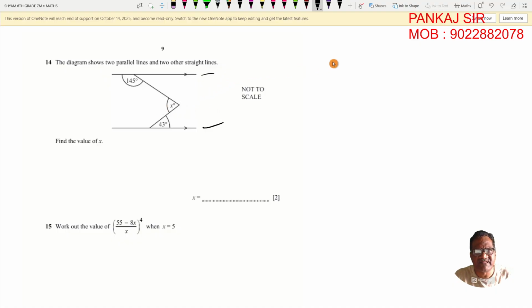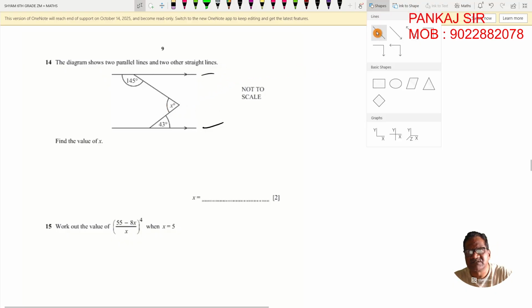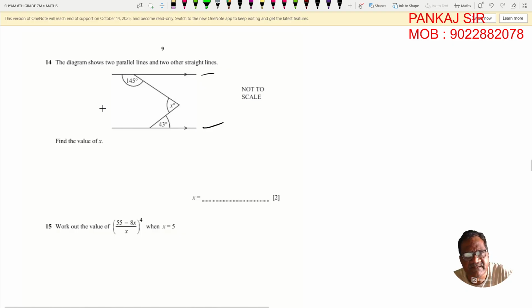Okay, so to find the value of x, what I'll have to do is I have to see that I'm drawing a line which is passing through this particular point, right? It should pass through this particular point, and it should also be parallel to the other two lines, okay?